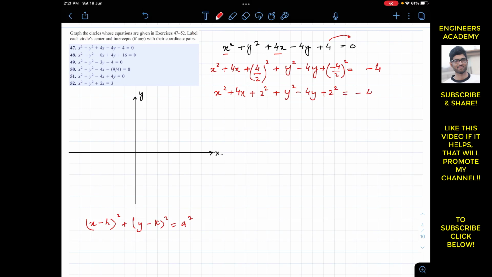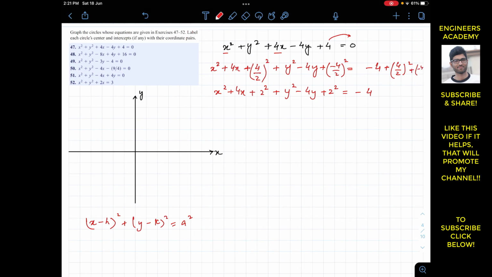Since we have added constants on the left hand side, we need to add those constants on the other side of the equation as well, so we add 2 square plus 2 square on the right side.